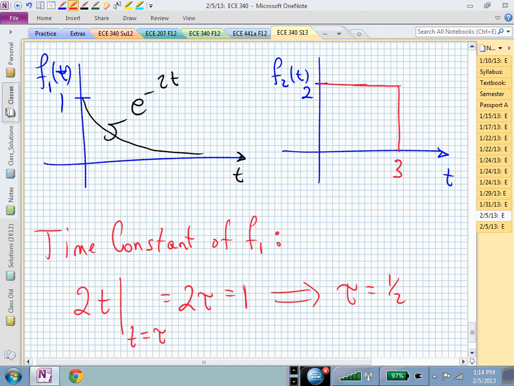What does this time constant of 1/2 tell us? If we now applied a step to a circuit that had this as its impulse response, how long will it take before we get to where we wanted to go? 5 time constants. In this case, it's going to take us 5 halves, 5/2.